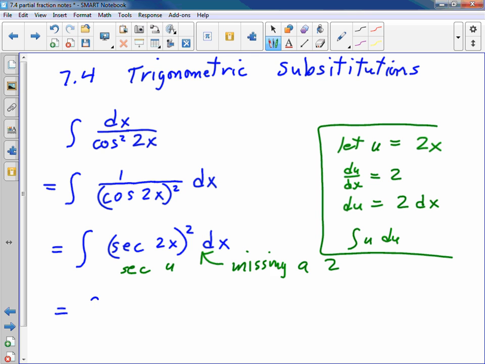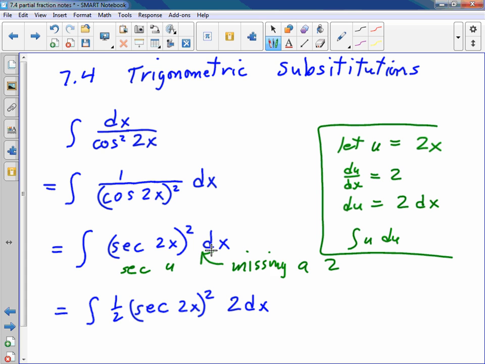So I can say this is the integral of secant 2x squared. That's secant u. And then to have du, I need 2 dx, right? Times 1/2. Exactly. So that way I just go 1/2 times 2. I've got 1, and it's the same as dx.